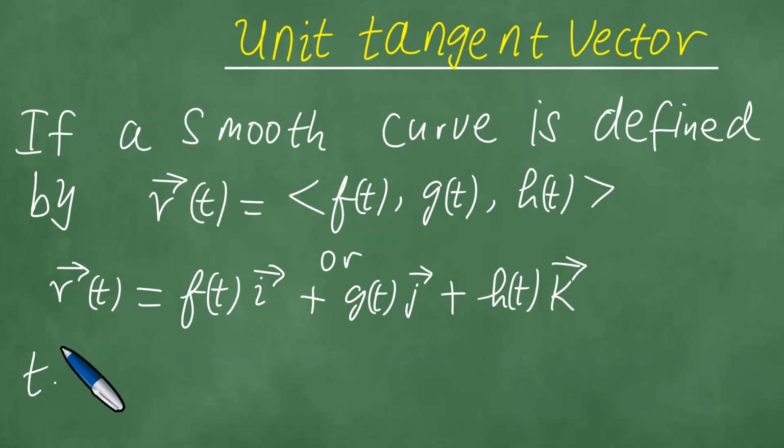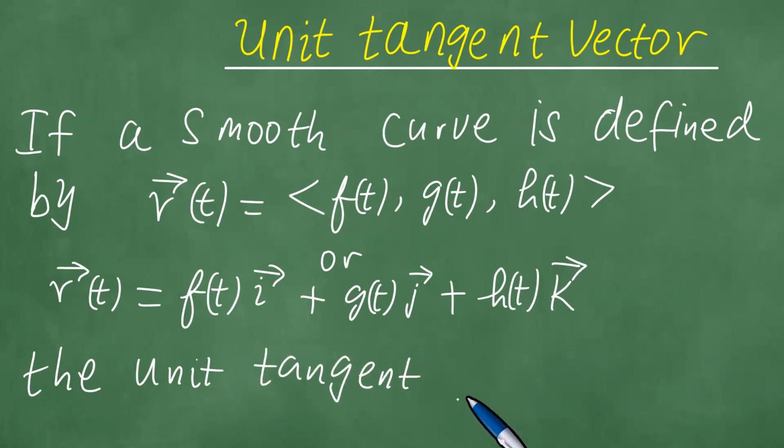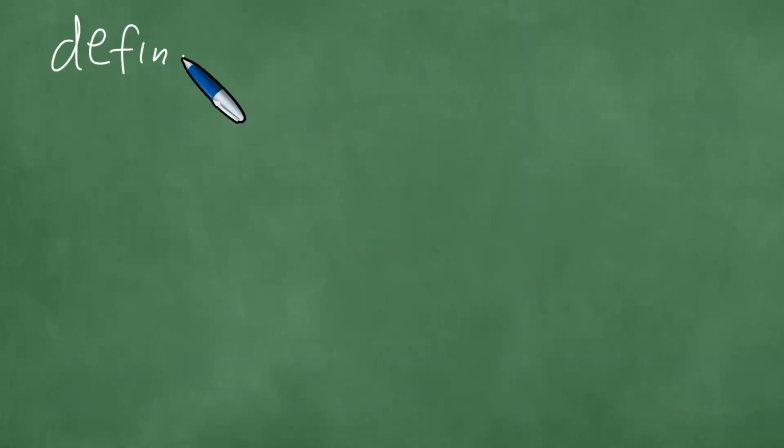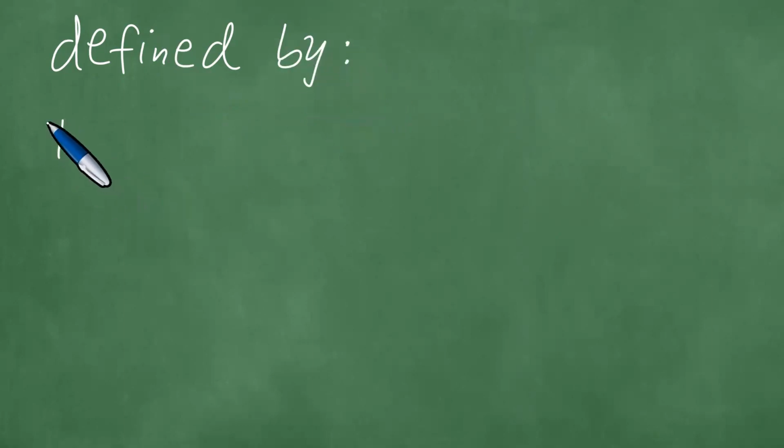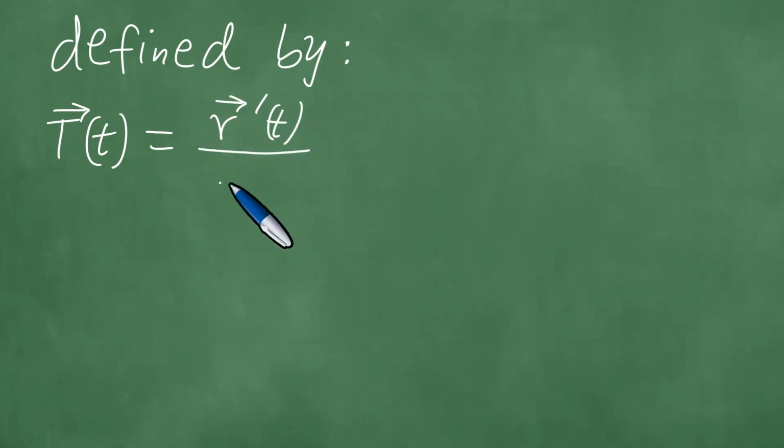The unit tangent vector is defined by the vector T, which is the vector r prime of t divided by the length of the vector r prime of t, the derivative. So yes, we have the derivative at the bottom here, as much as this is the derivative. Okay, so just note that.